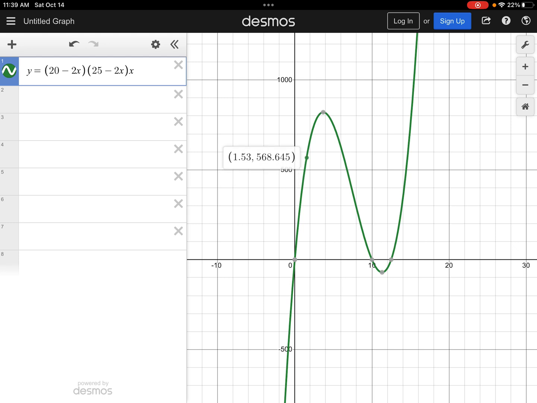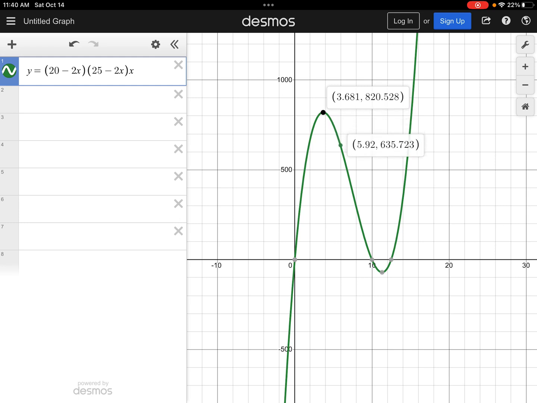The volume of my box is dependent on the size of the square I cut out, and it gets to a maximum volume of 820.5 cubic inches. And that occurs when I cut out a square that's about 3.68 inches.